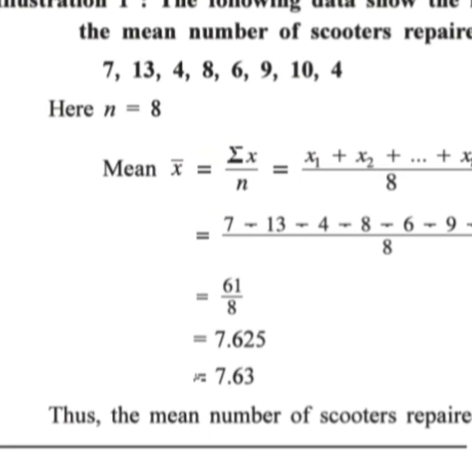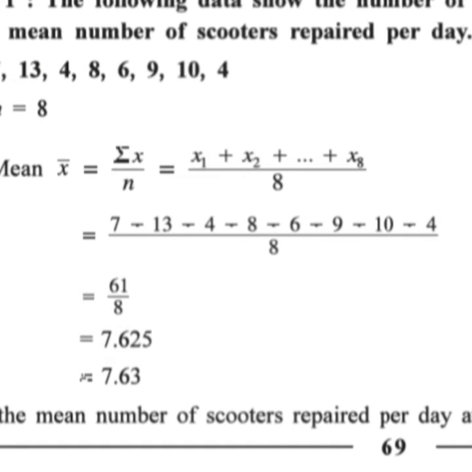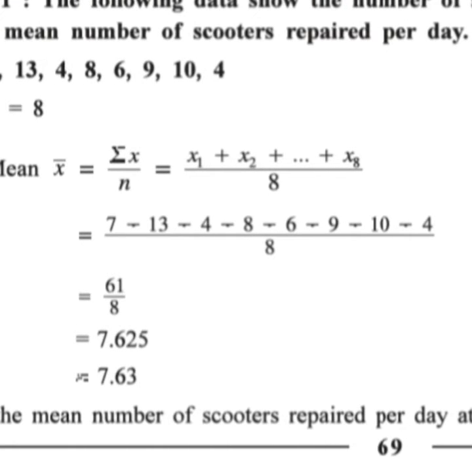So over here, children, all the observations are being added. Over here you are able to see what looks like a minus sign, but it is not minus, it is the addition sign. So all the observations, from 7 to 4, are added and divided by the total number of observations.